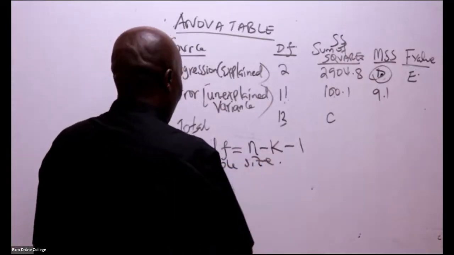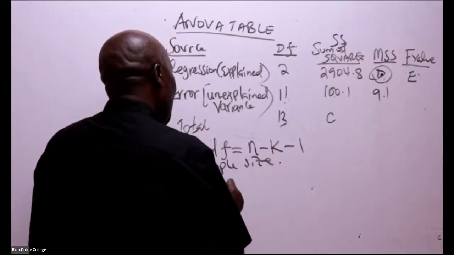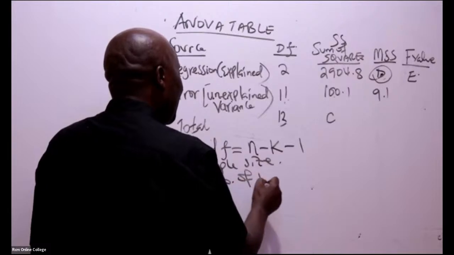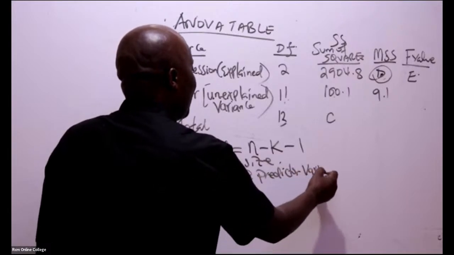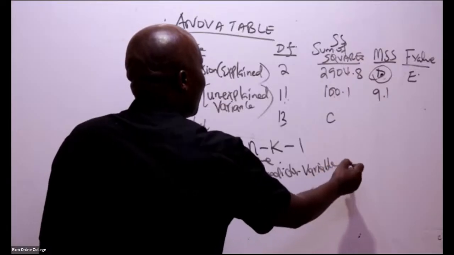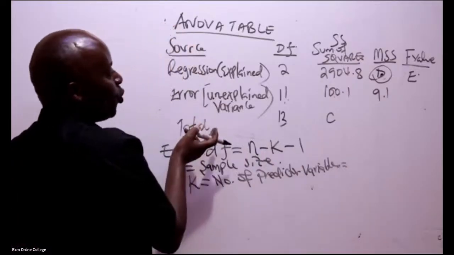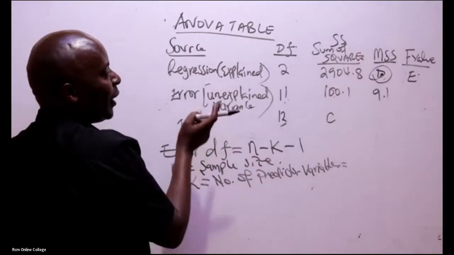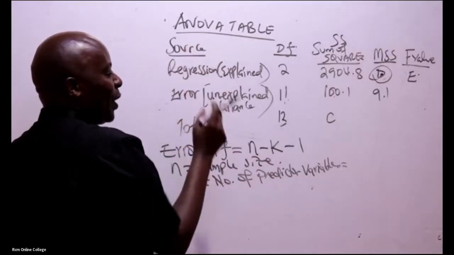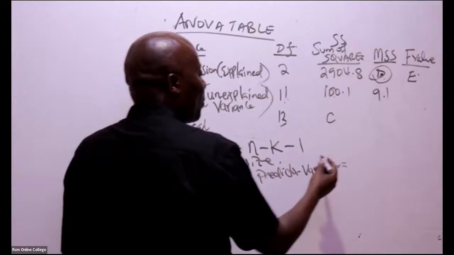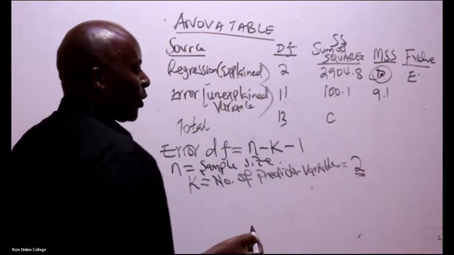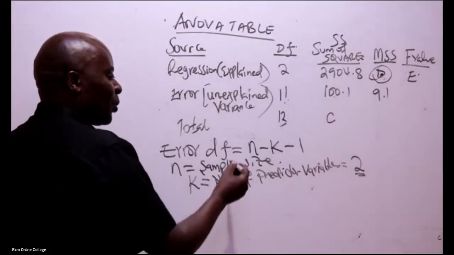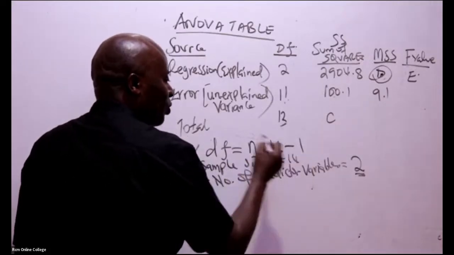Then we have k, the number of predictor variables. In our case, if you remember the parameters up there, we had x1 and x2. So the number of predictor or independent variables was 2. And the sample size we've just gotten is 14.